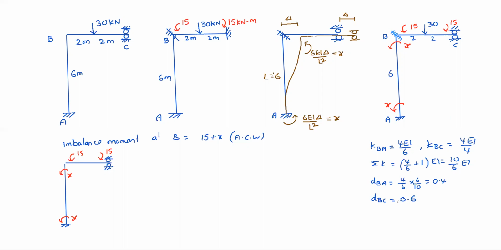BA is anti-clockwise, so we need to apply a clockwise moment to BA of 0.4 times of 15 plus X, and similarly BC will get 0.6 times of 15 plus X. Because of that, carryovers will come.